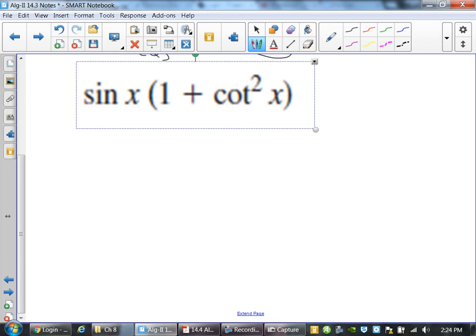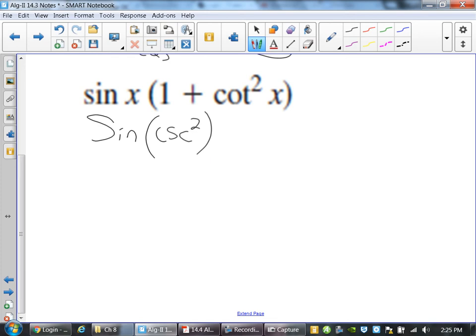Check to see on the list, is there something on there that says 1 plus cotangent squared? Yes. 1 plus cotangent squared is what? Cosecant squared. So I can rewrite this as sine times cosecant squared.